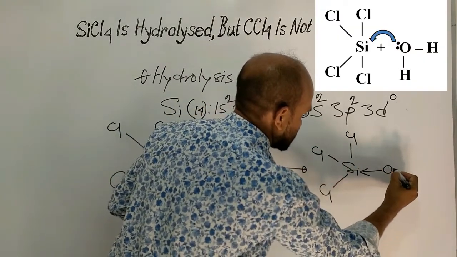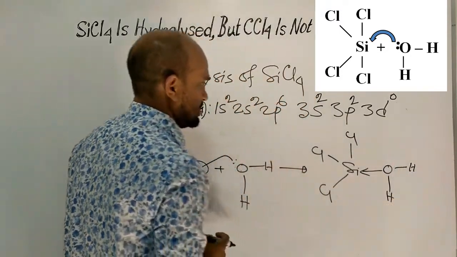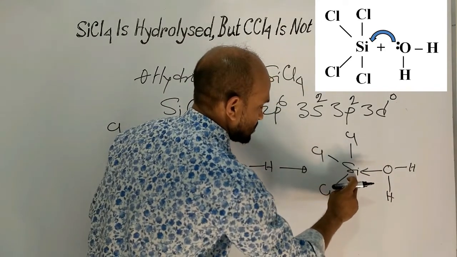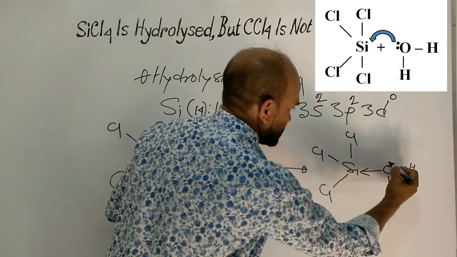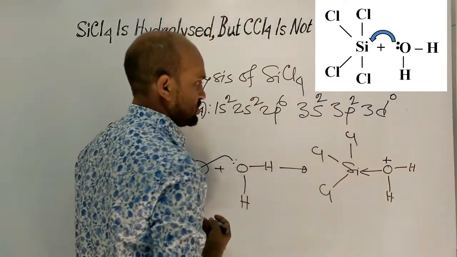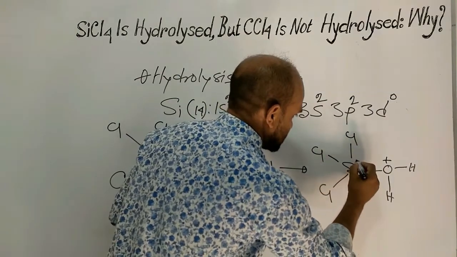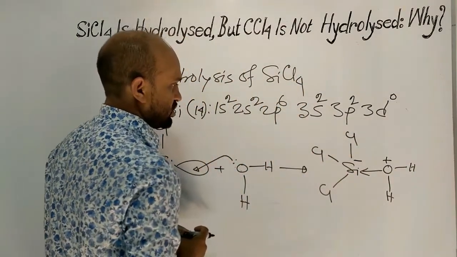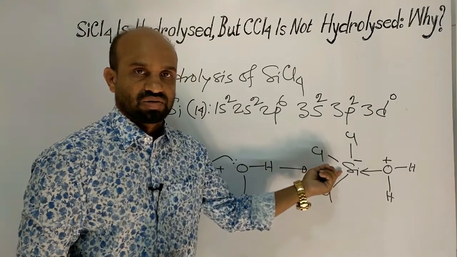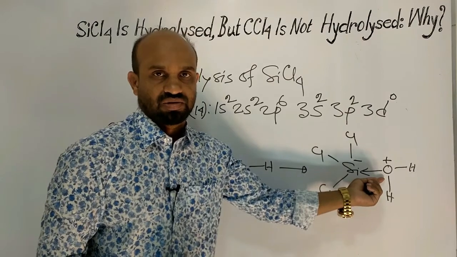Here oxygen, hydrogen, hydrogen. As oxygen donates electrons to silicon, here positive charge is developed and silicon obtains negative charge, because silicon received electrons and oxygen donated electrons.